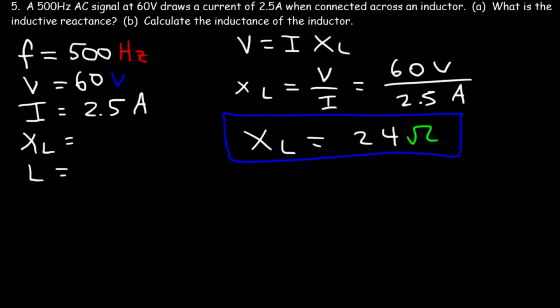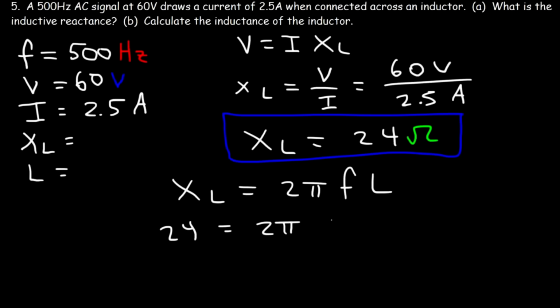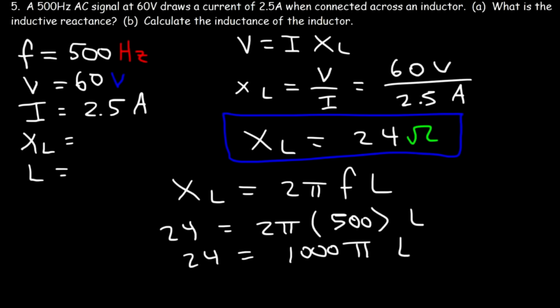Part B, what is the inductance? So once we have XL, we can use this equation to find L. So 24 is equal to 2 pi times the frequency of 500 times L. 2 pi times 500 is 1000 pi. So L is going to be 24 divided by 1000 pi.